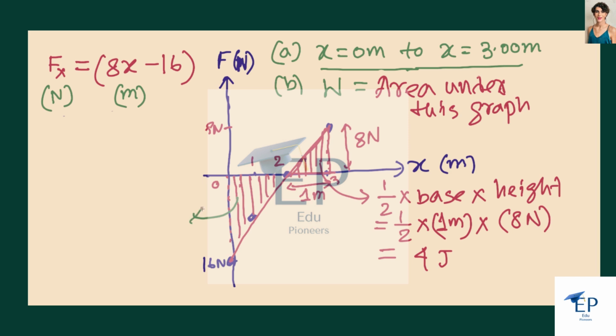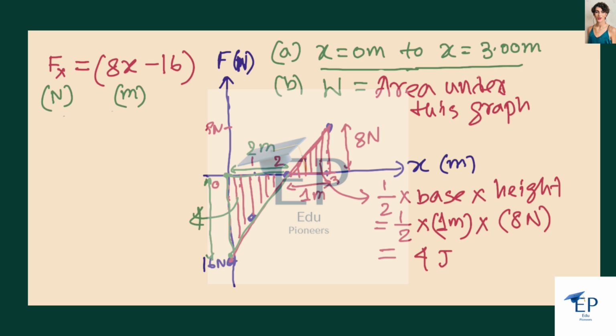So the area of this triangle. Here you can see this is again another triangle. In this case the base is 2 meter, and the height is this part, which is below the x-axis. The length from the origin to this is 16, but because it is below the x-axis, it is minus 16 Newton.